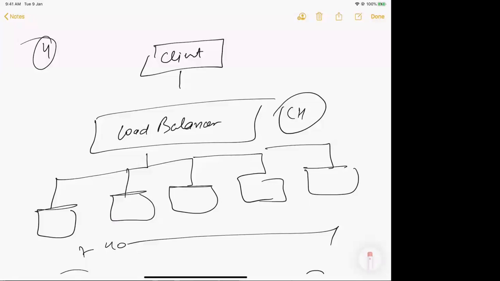Do you think this is a stateful system or a stateless system? Stateless, stateless, stateless, stateless, stateless. Right? Till now it's totally stateless, right? If there is no state in the system, would you want to have consistent hashing?